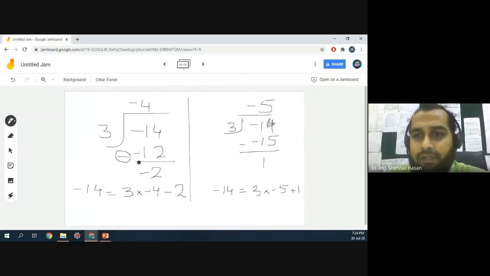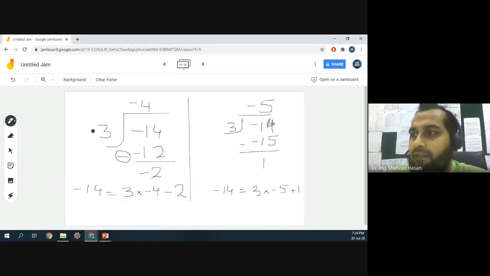You always subtract, right? You all know how to do division, so this is nothing new over here. So we always subtract in every step. This is the subtraction operation. So we get the same answer, right? 3 into minus 4 is minus 12, minus 12 minus 2 is equal to minus 14, and minus 15 plus 1 is equal to minus 14. So this is true.